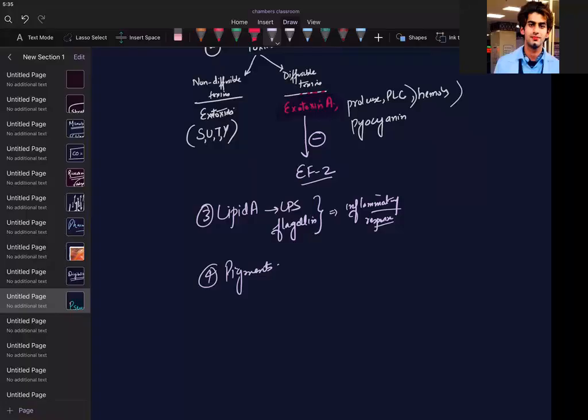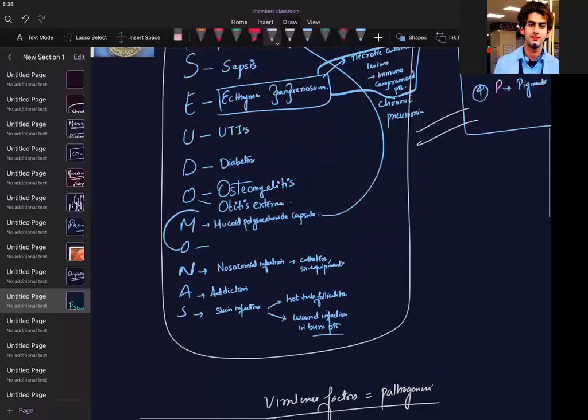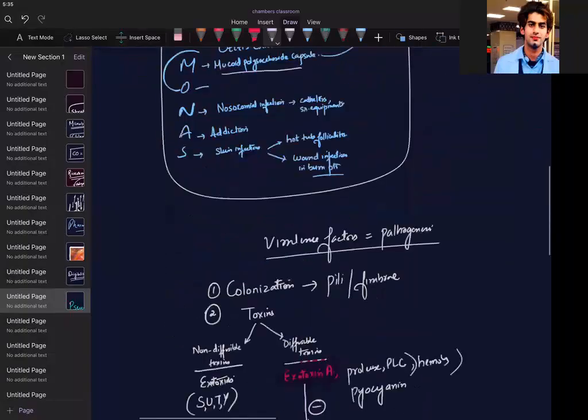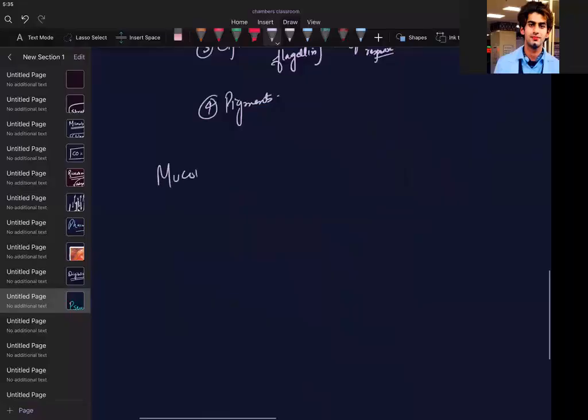Did we say that it has that mucoid polysaccharide capsule? This will actually help in biofilm formation. Fifth, mucoid strain. If I have a mucoid strain of Pseudomonas, what will they produce?